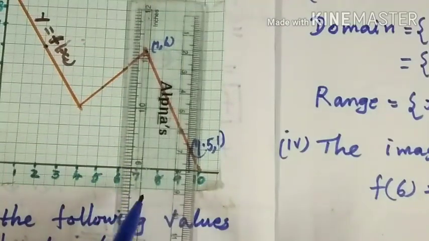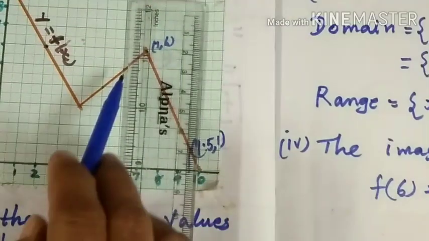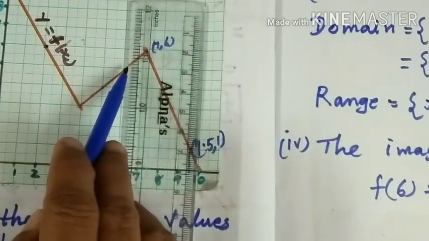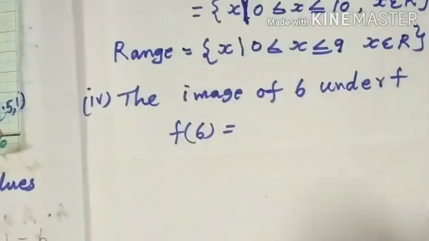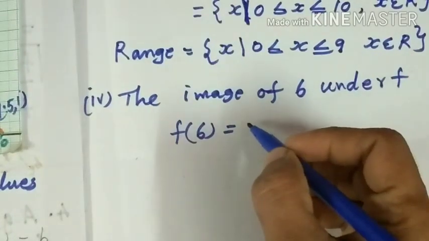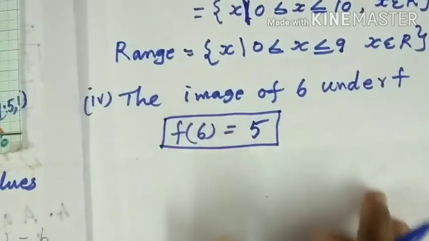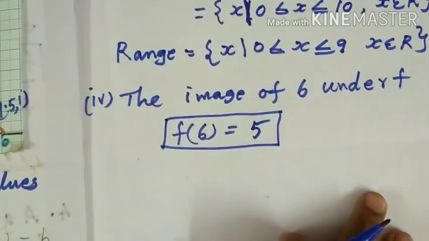The point 6 intersects the graph at 5 from the y coordinate. Therefore, the value of f of 6 is equal to 5. This is the answer for this question.